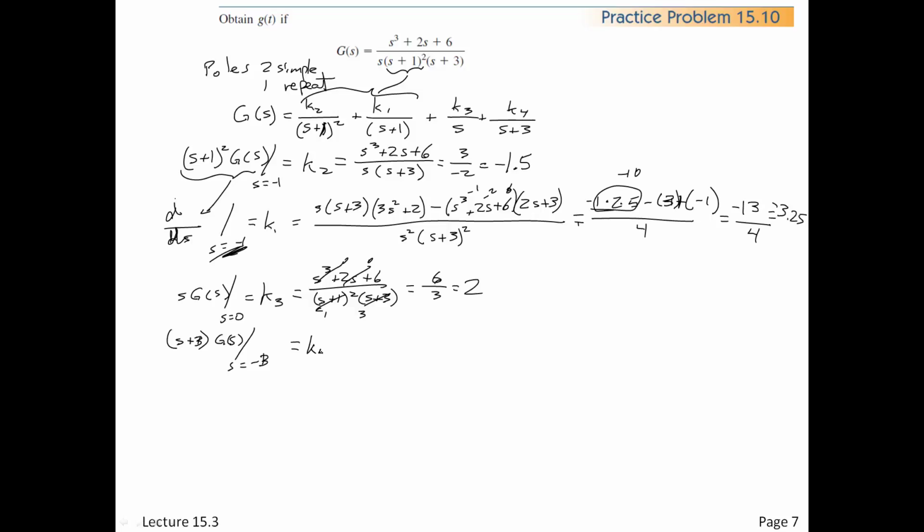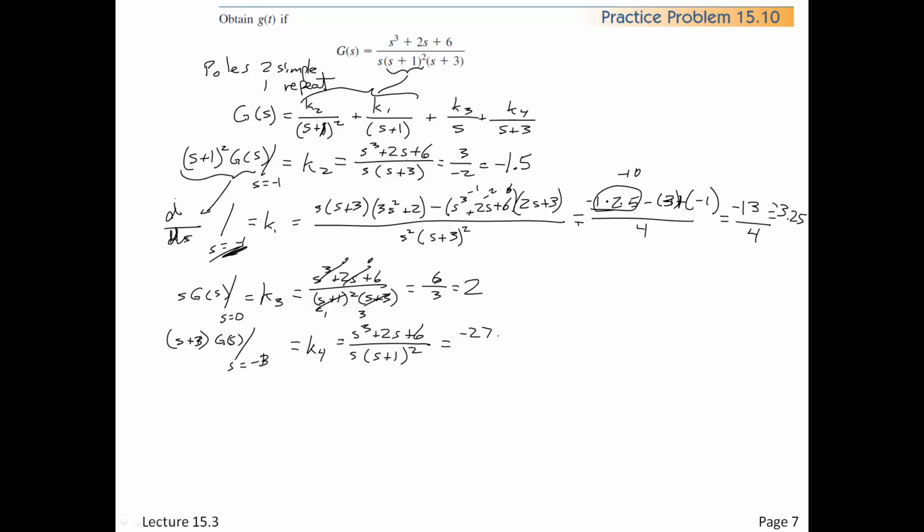This is K4. And if I just look at that, I've got s cubed plus 2s plus 6 over s times (s plus 1) squared. So that's what? 3 cubed is 27. Watch our signs.